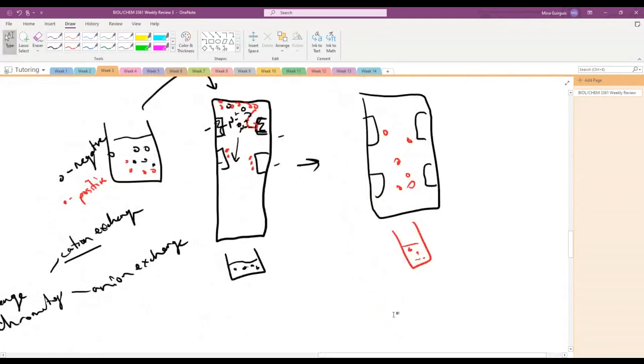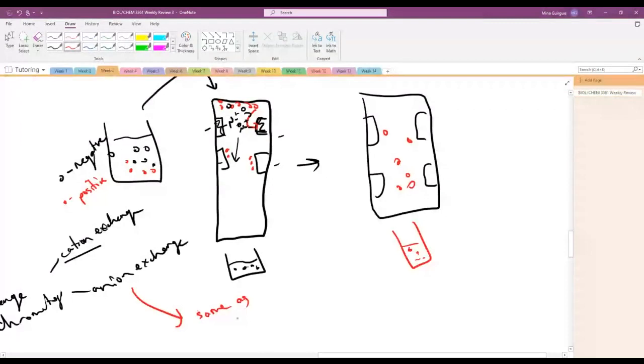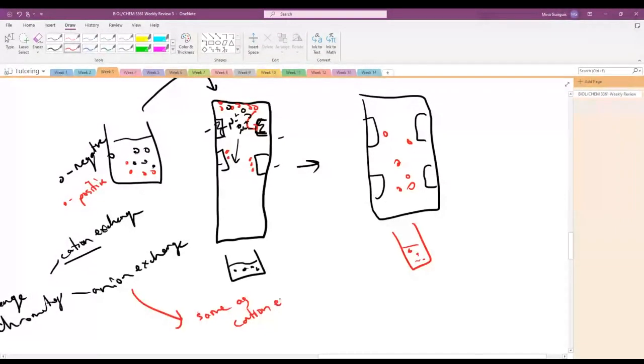And anion exchange is the exact same thing, except the column is positive and attracts anions. Here, let me draw it this way.